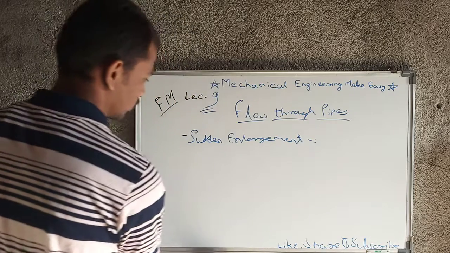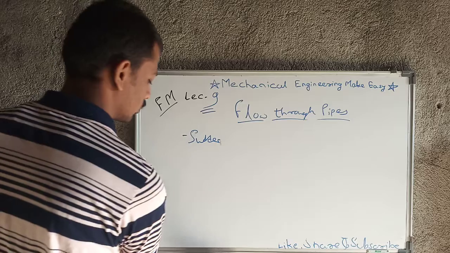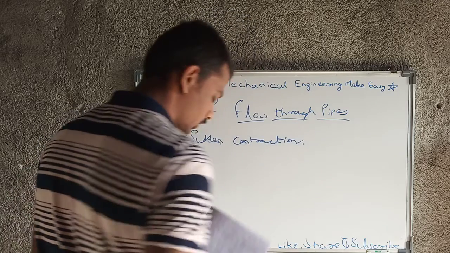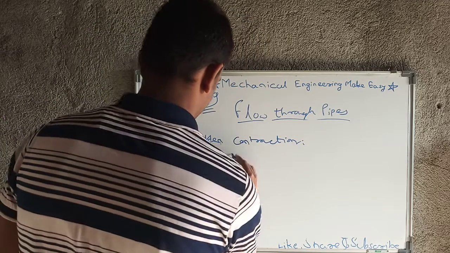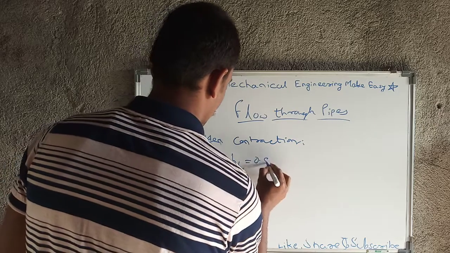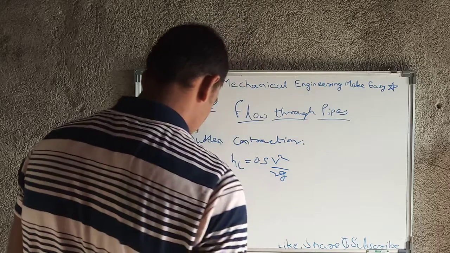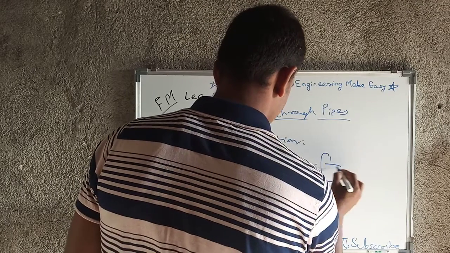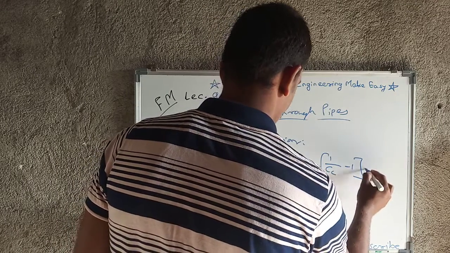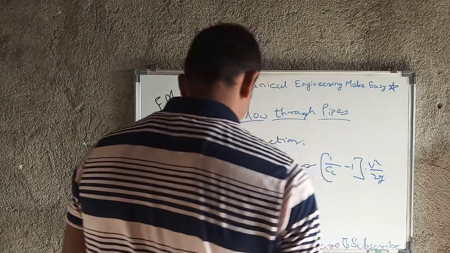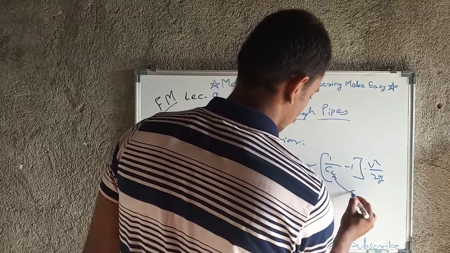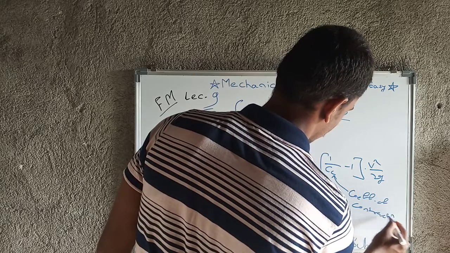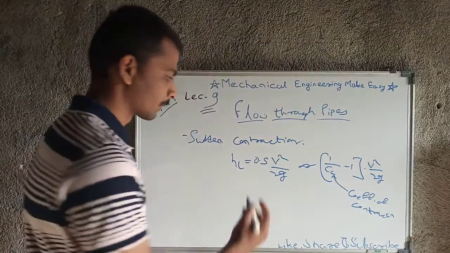Then next is sudden contraction. In that case, head loss is equal to 0.5 V squared upon 2g, or there is another formula, that is (1 upon Cc minus 1) whole squared into V squared upon 2g, where Cc is the coefficient of contraction.